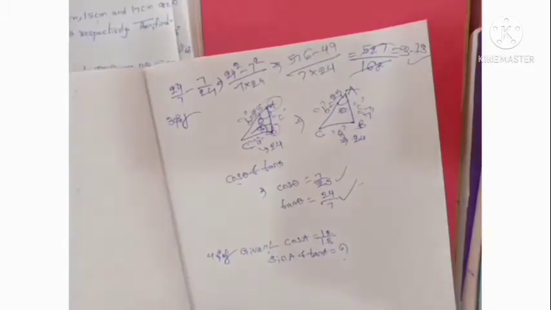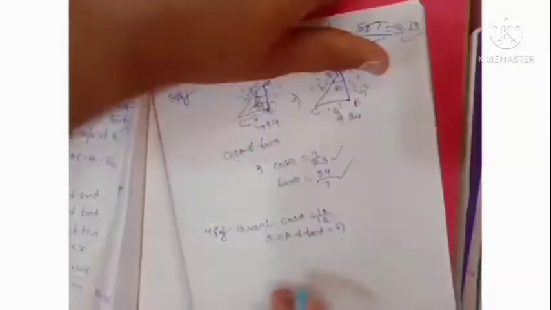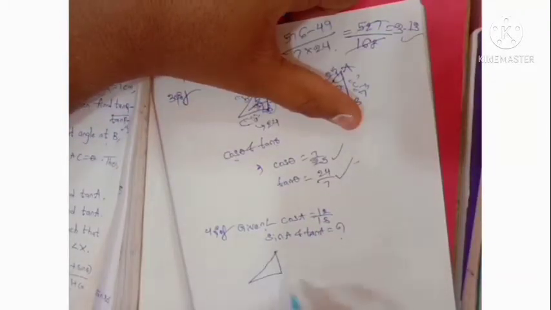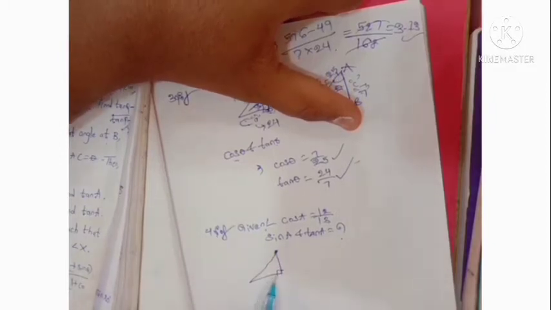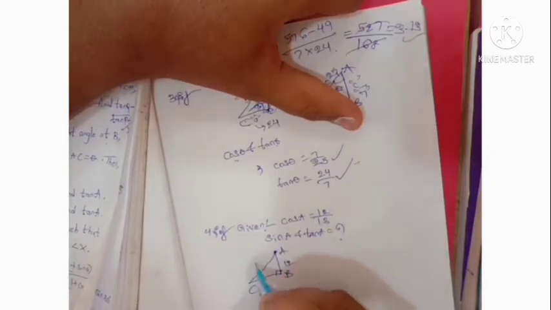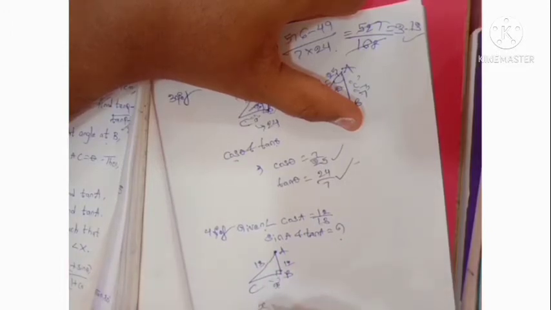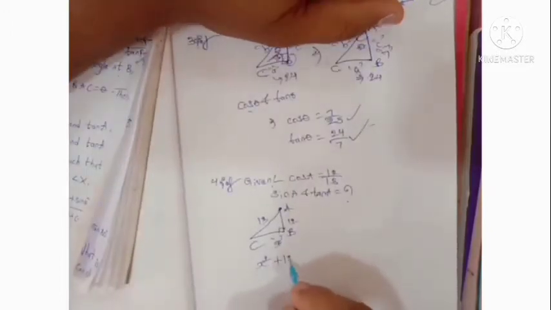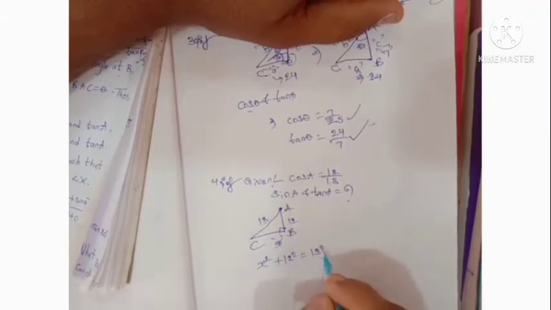See, given cos A. Just draw a rough diagram. Always draw a rough diagram for easy understanding. Cos A, B, C, let's say. Cos A means adjacent by hypotenuse, and you can find this value. Here it's x. According to Pythagoras theorem, x square plus 12 square is equal to 13 square.